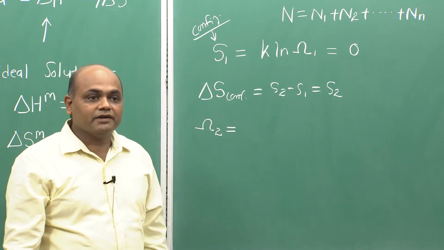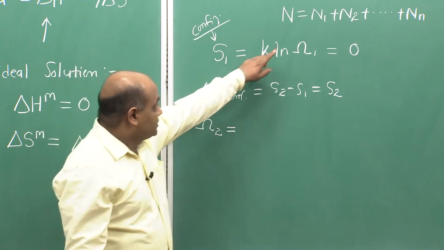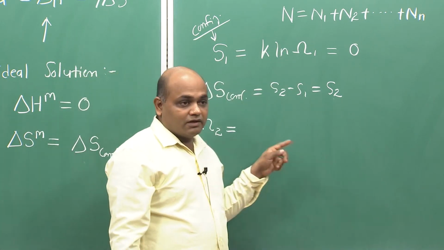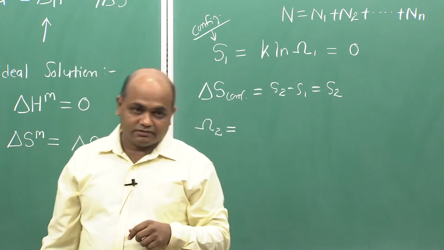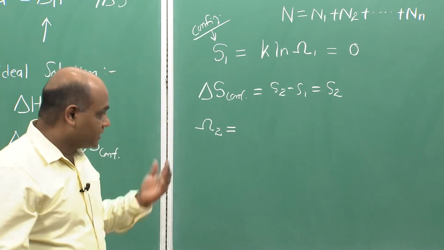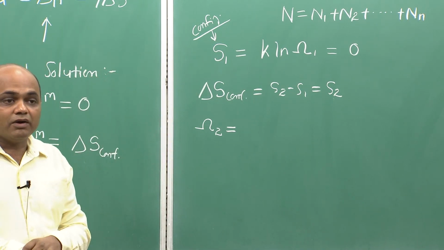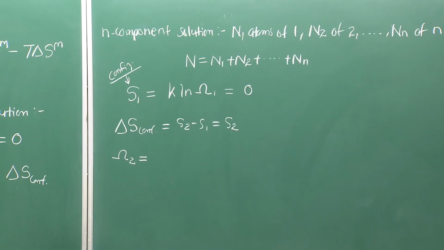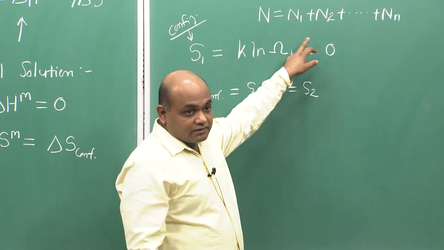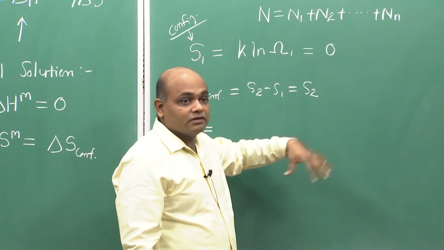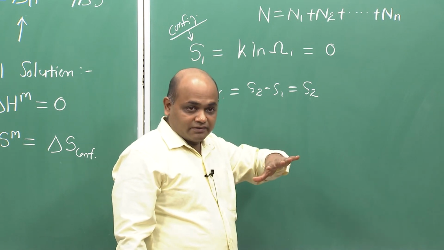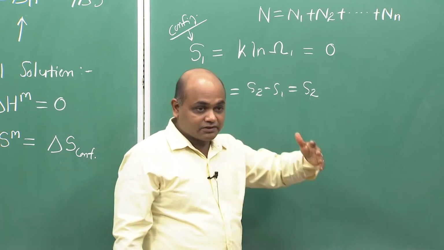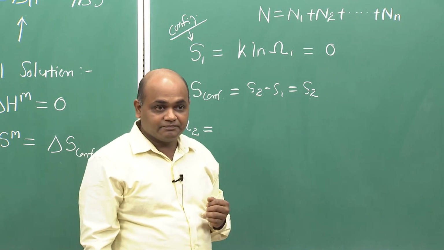So, how do we evaluate that? To form a solution, more particularly we here talk about random solution, which means there is a random mixing. Okay. So, all n1 atoms are distributed randomly on the available n sites, n2 atoms are distributed randomly and so on.